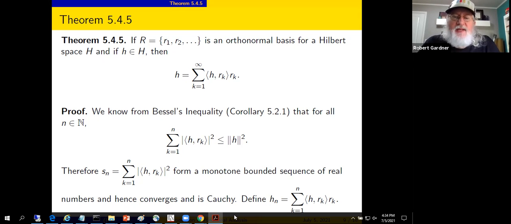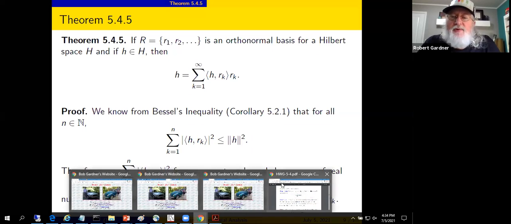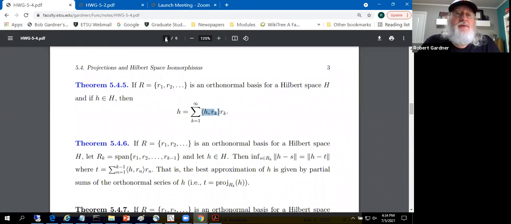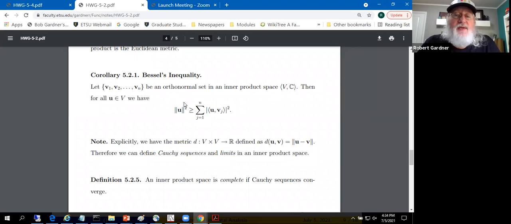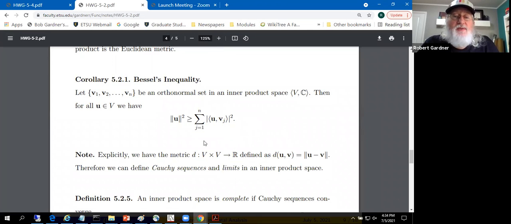Let's look back at Bessel's inequality. I just happen to have it sitting around back here. Here's Bessel's inequality. Orthonormal set of vectors V in an inner product space. U is any vector in that space. Then the norm squared of U is greater than or equal to the sum from 1 to n. So notice it's a finite sum. That's all we get from Bessel's inequality, of the modulus of the inner product squared.